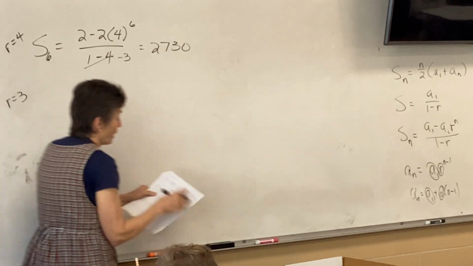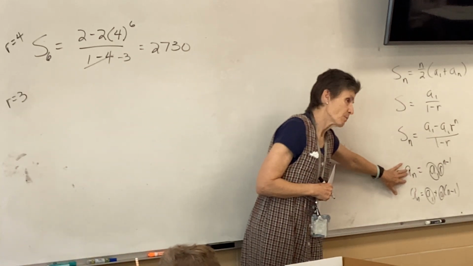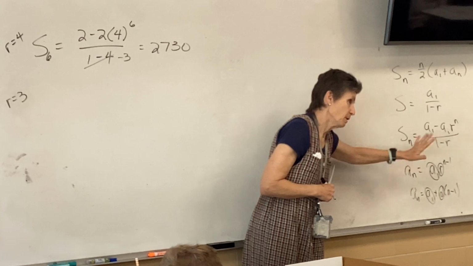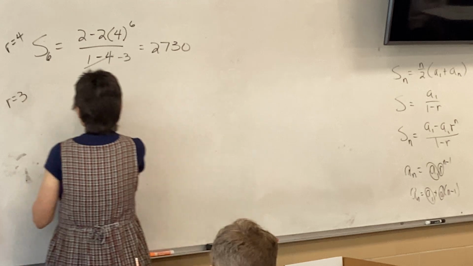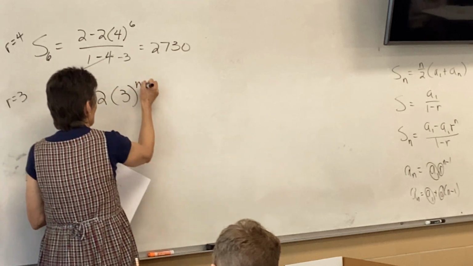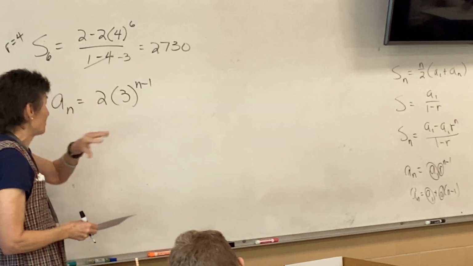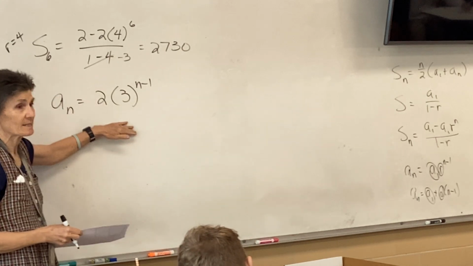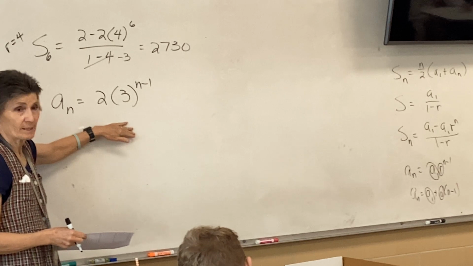So therefore, I would use this formula right here. And when I write an explicit formula, I plug in what I know. So I plug in my first term, which is 2, and my ratio, which is 3. You already figured that out. Done. That's it. That's the answer. Don't do anything to it. You can't do anything to it.